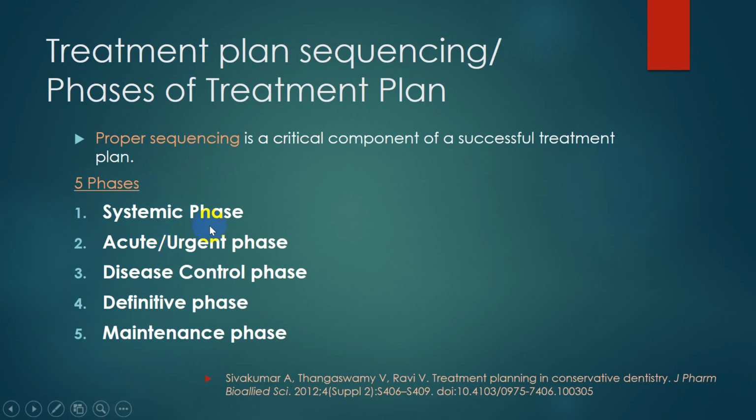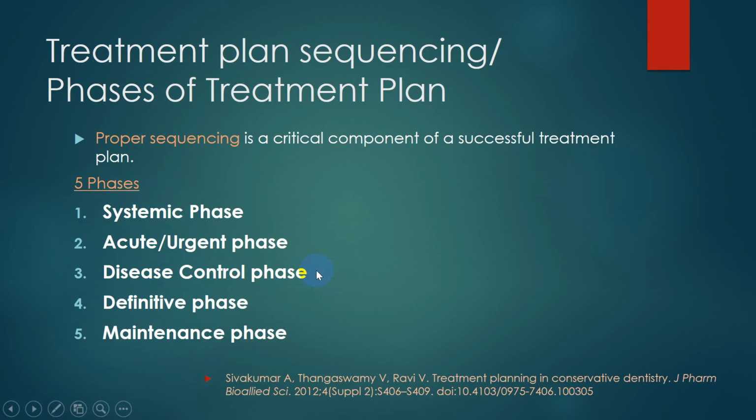Actually, let us go back to these phases. In each of these phases, you can list the different disciplines. For example, in disease control, you have perio considerations, you have caries considerations, you have ortho considerations, surgical considerations. So the disease control phase can be surgical and non-surgical.